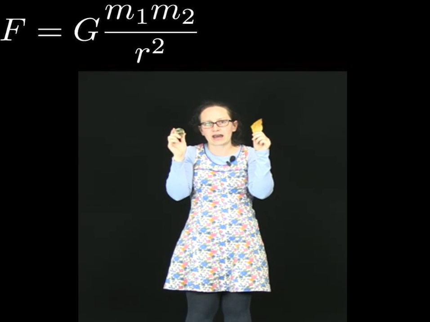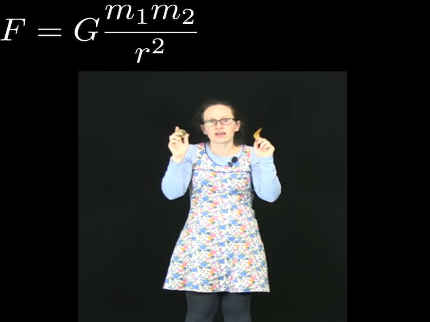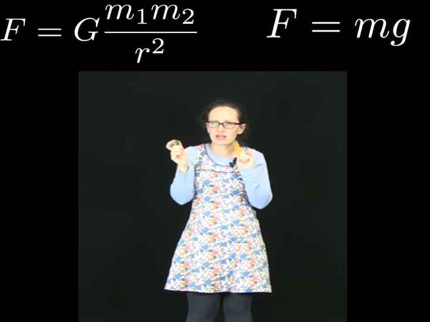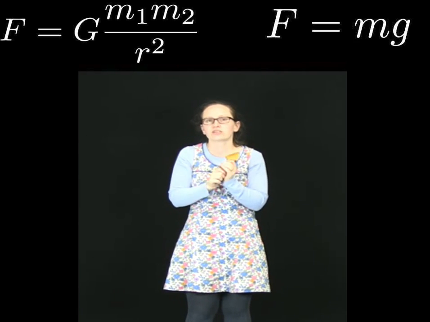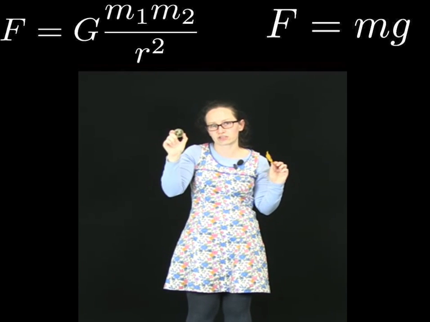Let's have a look now at how we can use Newton's law of universal gravitation along with our first simple equation, F is equal to mg, to calculate the acceleration of objects on the surface of the Earth. The acceleration of objects on the surface of the Earth is given the symbol little g.